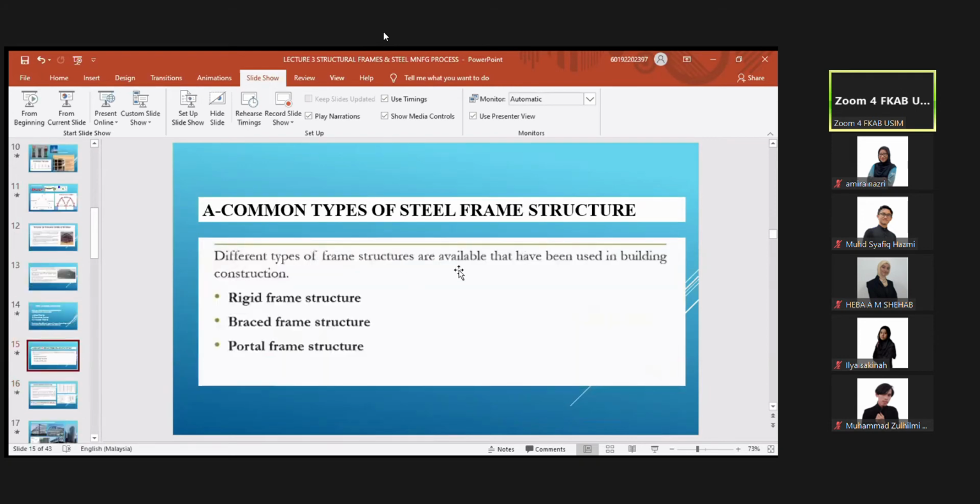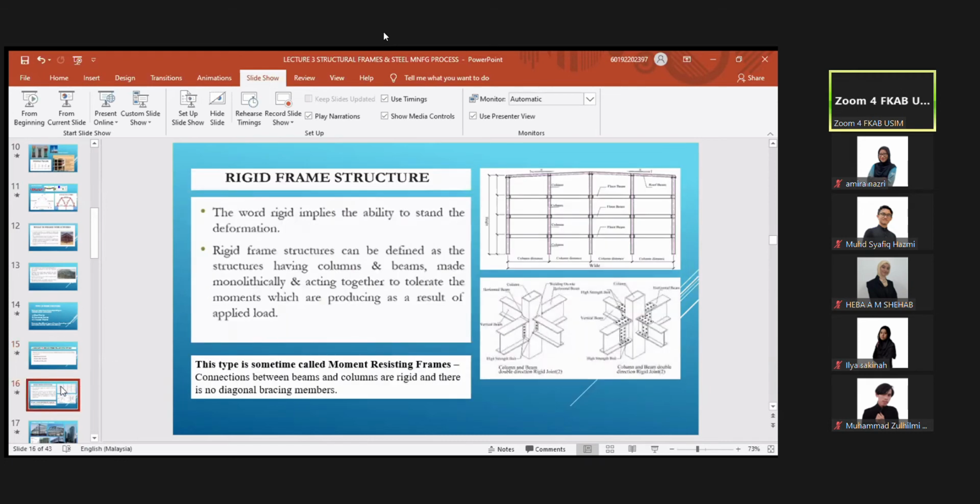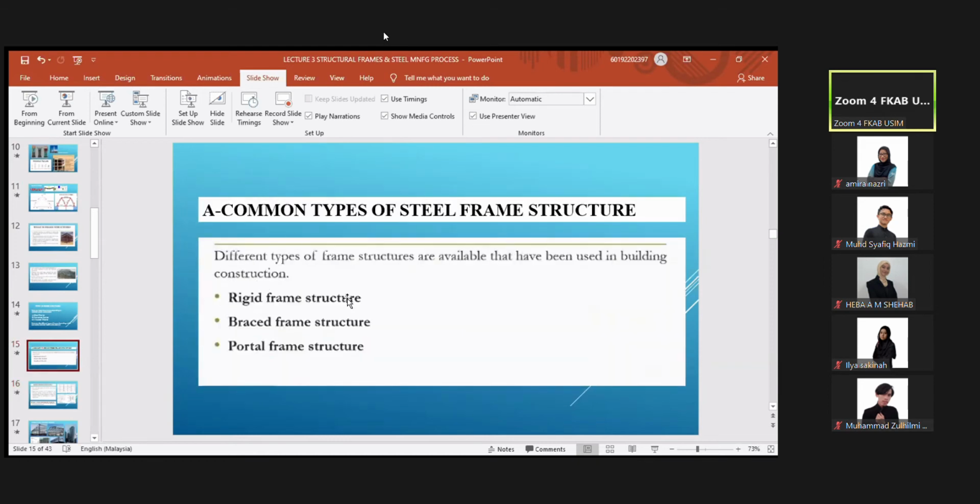Okay, let's talk about steel frame structures. I call it the common type of steel frame structure because there are a lot of frame structures. Common means that it's easy for us to understand and see. Later on, if you go to a master's program, they have more detail on frame structures. Okay, on steel frame structures, the first one is rigid frame structures.